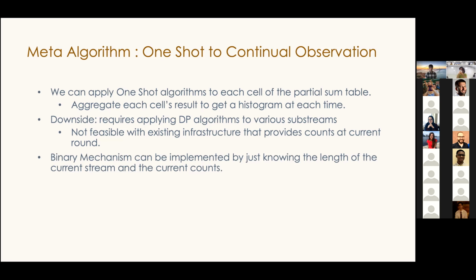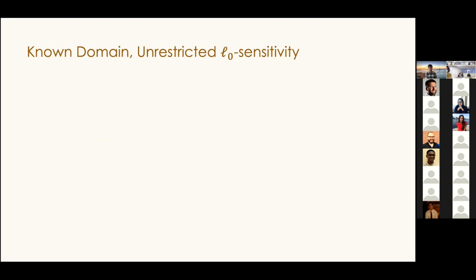With the binary mechanism, we take the true count at one time and do a binary representation of the number of events that have occurred in the stream, and then we use a pseudo-random seed to determine which noise cells are added to give you the noisy count at any one time. So I now want to talk about more practical algorithms that can fill out this 2x2 grid in the continual observation setting.